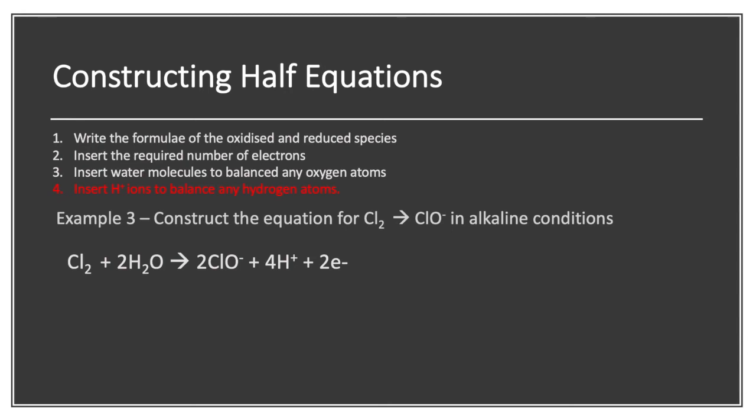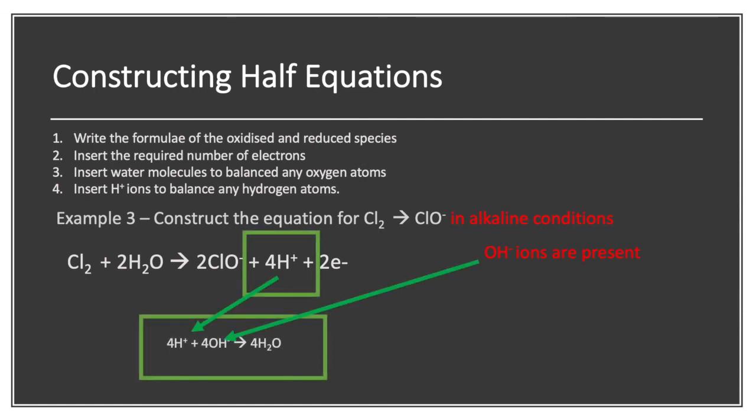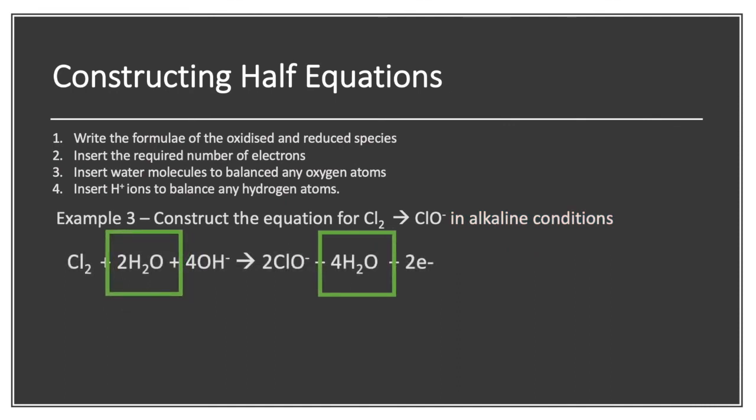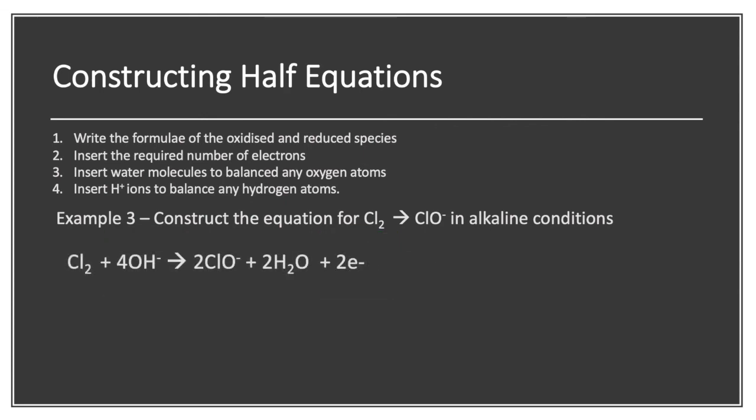So those 4H+ that we have generated are going to react with the OH- ions that are present to produce water. So we now have a product of 4H2O. However, one of our reactants is also H2O, so we can cancel those out to give us our final answer as that.